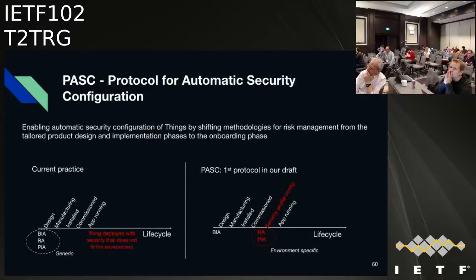And then later the thing is deployed, and maybe the security that you have there does not fit that specific environment. So the basic idea is to have a protocol where, once the device has been deployed, you can actually perform risk assessment in the field. And then based on that risk assessment, you can deploy and configure a security profile for the smart objects in that environment. Next slide, please.